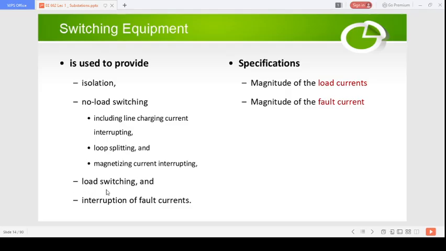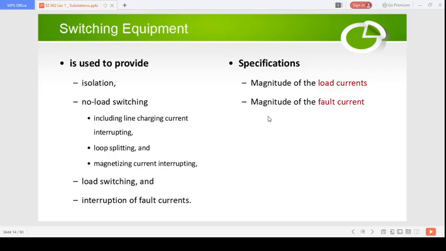And then there is equipment which can switch the load current, and equipment that interrupts the fault current, which is much higher than the load current. The specifications of these equipments are the magnitude of the load current and the magnitude of the fault current.